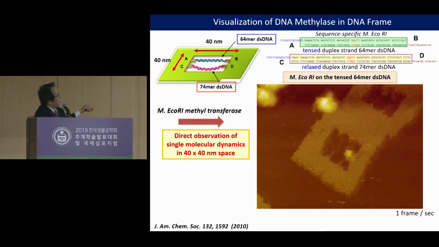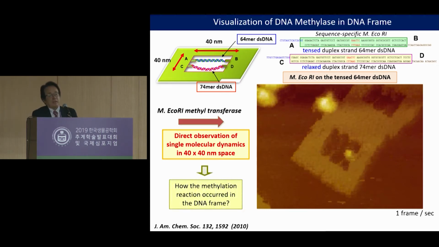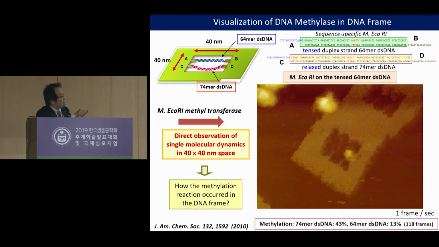The important question is how the methylation reaction occurs in a tensed or relaxed duplex. And we found the relaxed duplex is a better substrate for methylation, about 3 times more reactive than the tensed duplex.